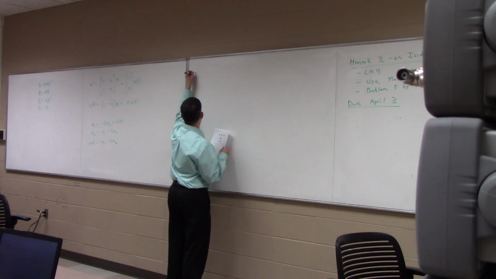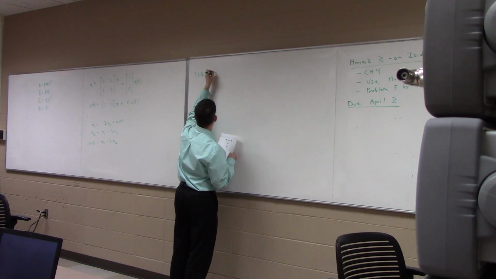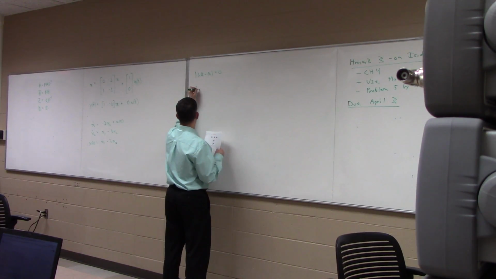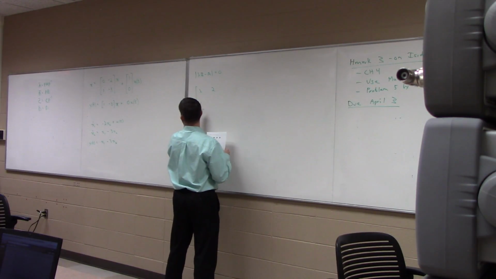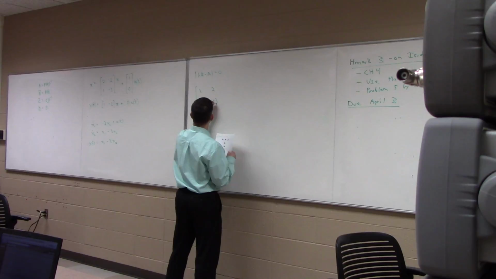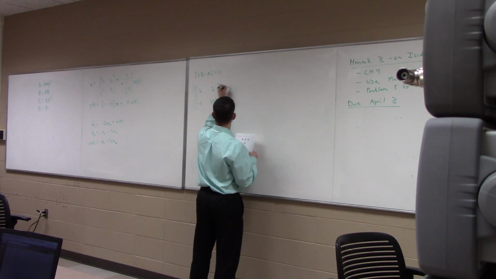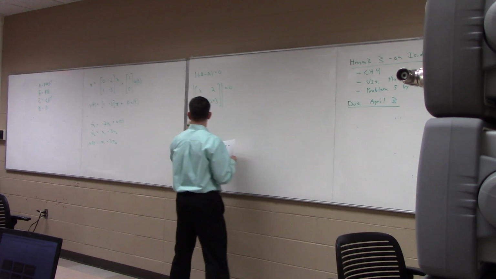Okay, so how do we do that? We take the determinant of lambda I minus A, and we set it equal to 0. Okay, so if I do that, I get lambda 2, negative 1, negative 1 plus 3. Then take the determinant.